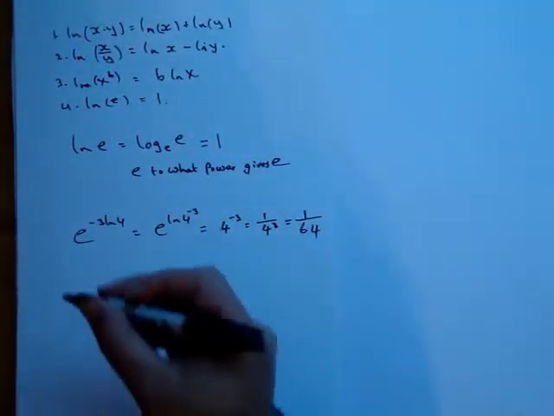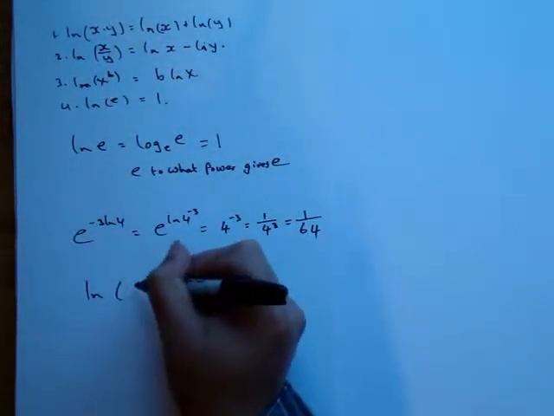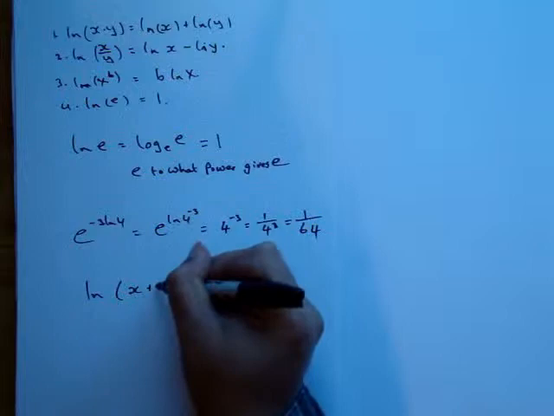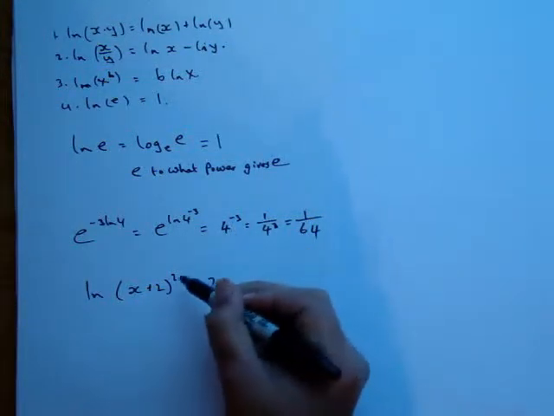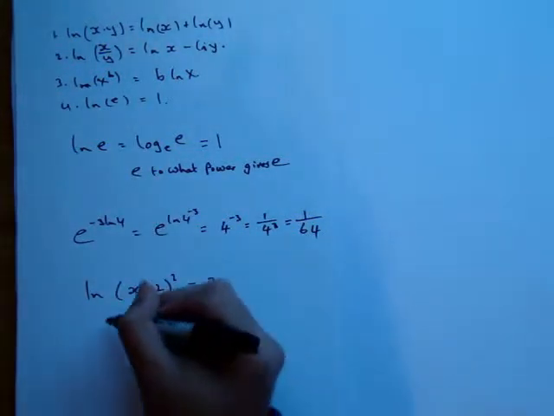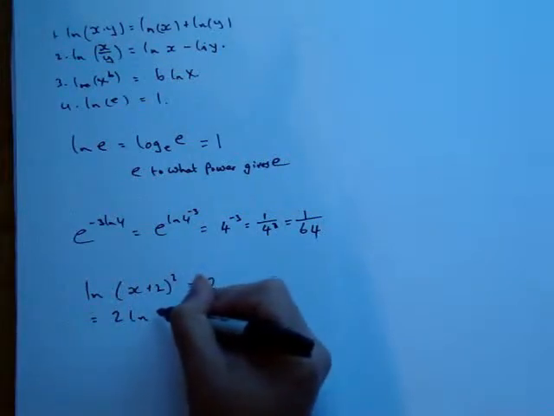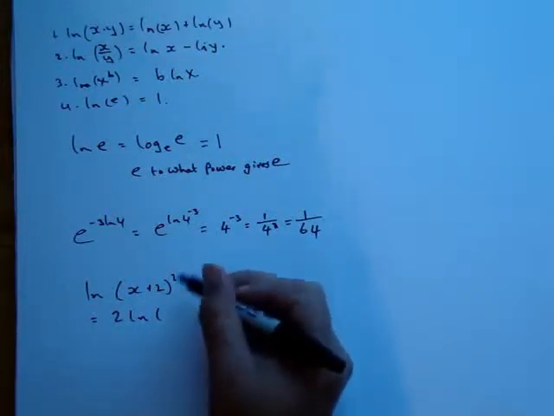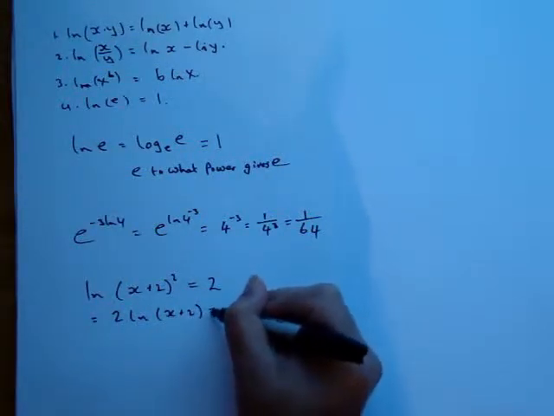Another example, say we had the natural log of (x plus 2) squared equals 2. We can move the 2 down by laws of logarithms. So we have 2 natural log (x plus 2) equals 2.